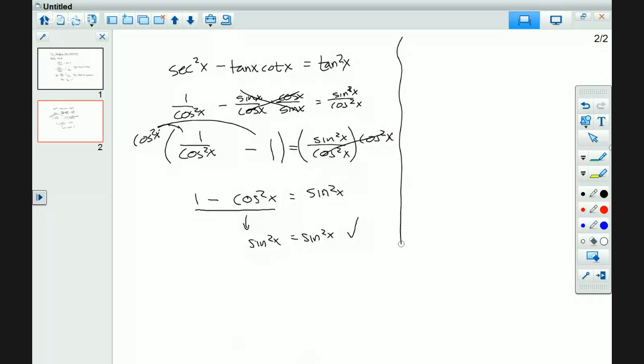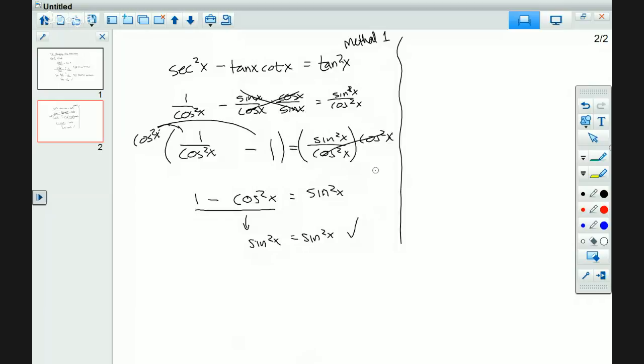Okay, so what's the identity relating secant and tangent? Secant squared and tangent squared. It's tan squared plus 1 equals secant squared. Okay, that's very useful here.